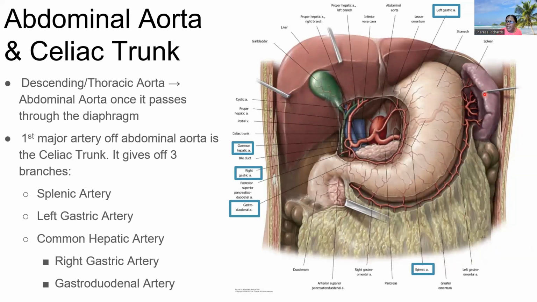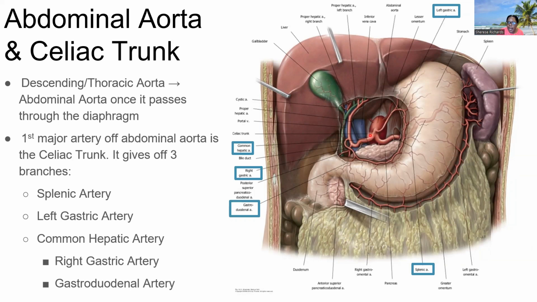So as the name would imply here, the splenic artery mainly supplies the spleen. The left gastric artery, again, the name tells us that it's going to supply gastric, right, stomach. So this is a smaller branch that goes and supplies parts of the stomach, mainly the fundus, but also parts of the esophagus, because it's really so close to the beginning of the stomach as well.